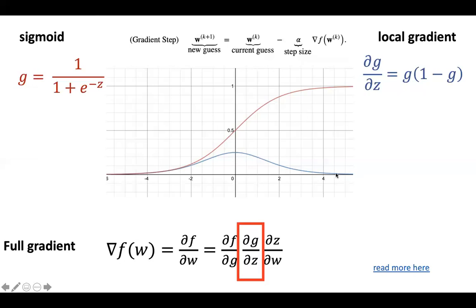So if it happens that the output of the sigmoid function is somewhere in the tails, then the gradient is going to be 0. And if you have a local gradient of 0, then your full gradient in turn is going to be 0. If your full gradient is 0, you don't have any update of the weight. Basically, your neural network is not training.